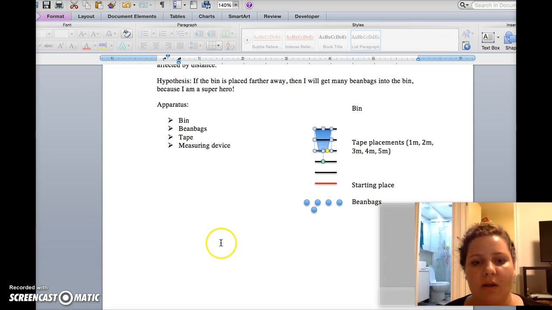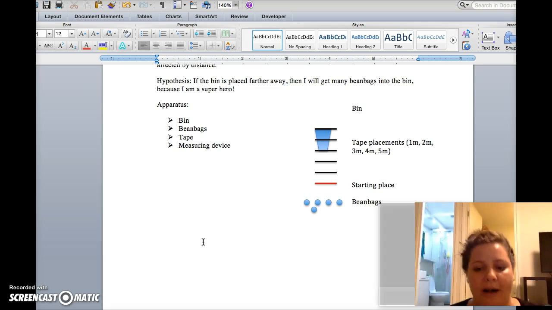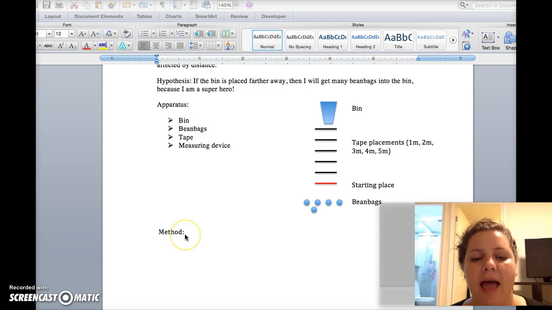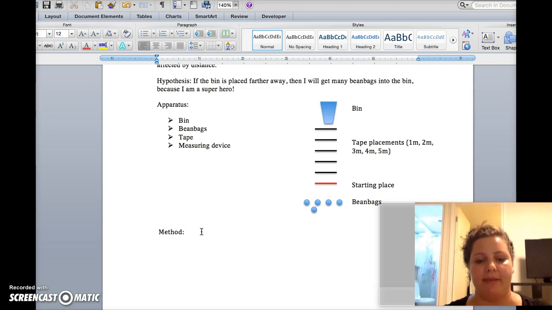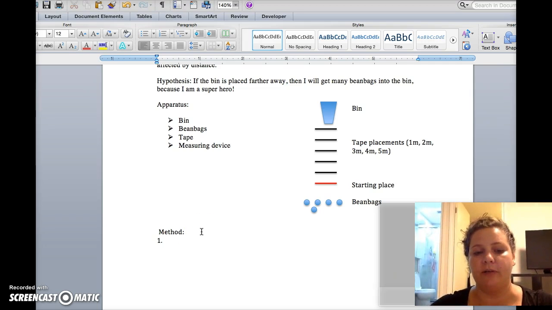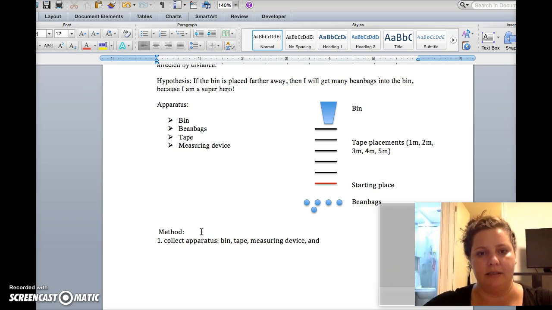Okay, so let's go ahead and write the word method. And what you're going to do is write a step-by-step method of exactly what you're going to do. So the first thing would maybe be to collect your apparatus, which includes your bin, tape, measuring device, and bean bags.